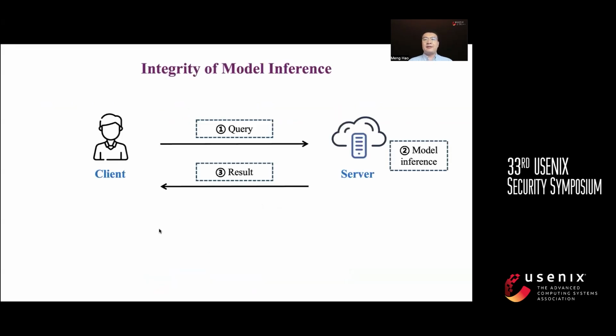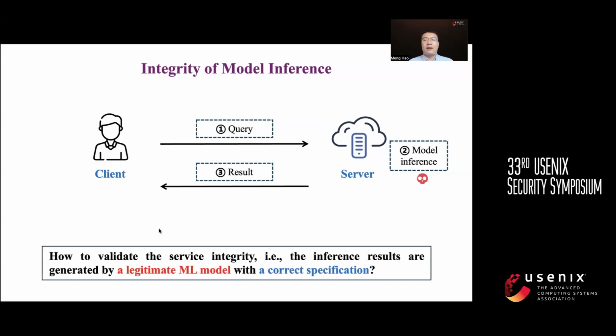Machine learning-based inference services have been widely employed in real-world scenarios. In this setting, the client submits a query. Then the server performs the inference and returns the results to the client. However, the inference process is a black box to the client, and the server may be malicious.